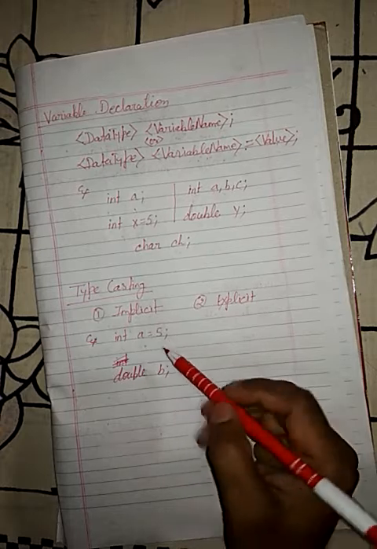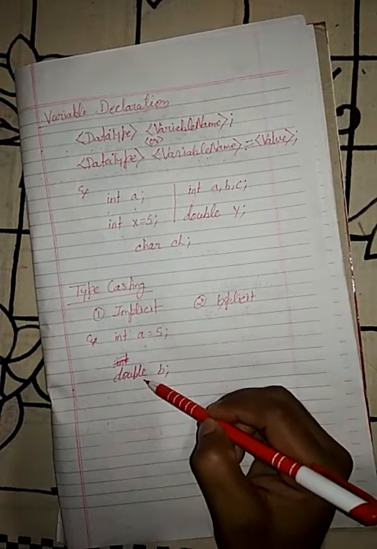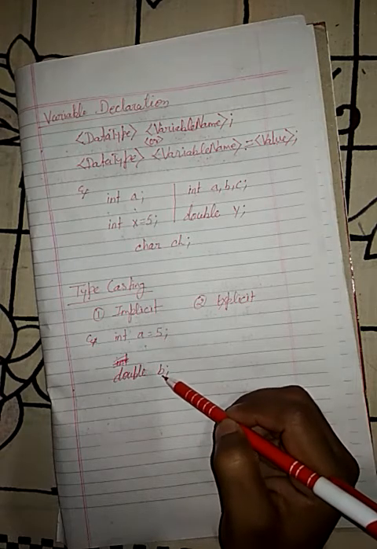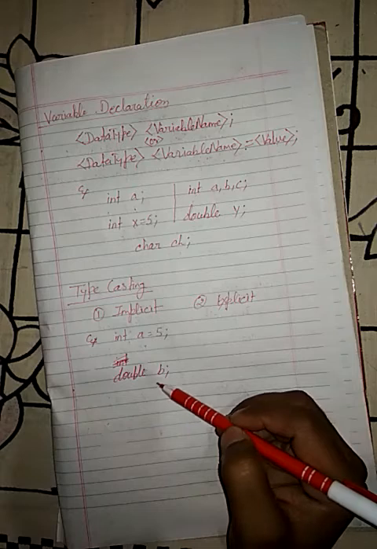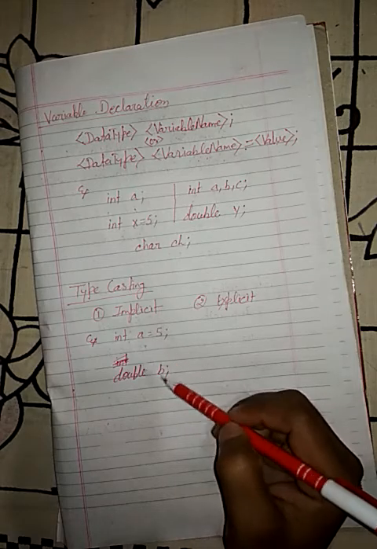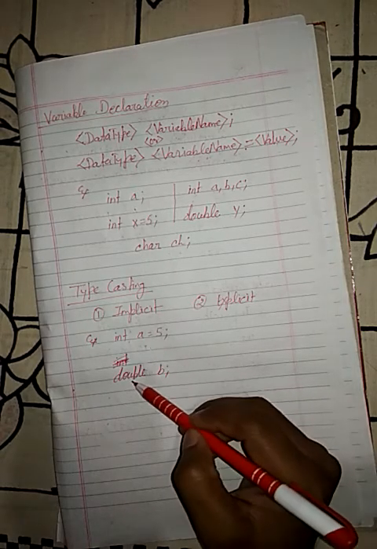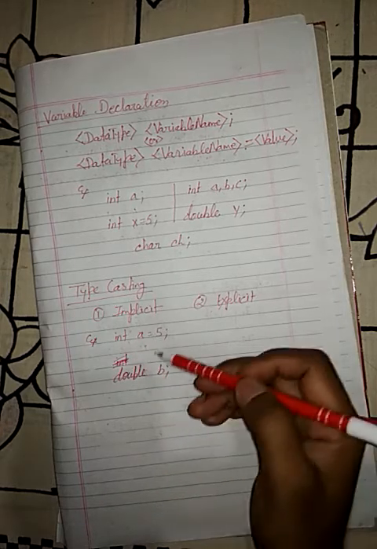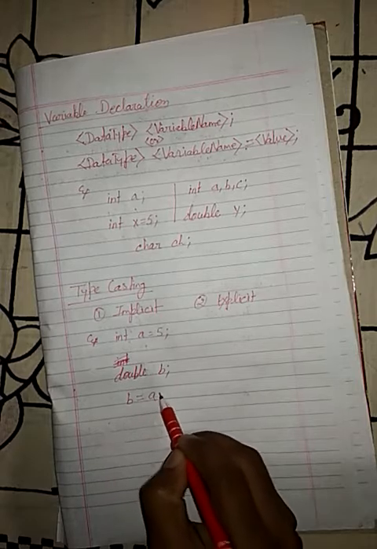If I want to store this 5 into b, then this 5 is directly stored into b because double can contain an integer value directly. Let me show you. b is equal to a.